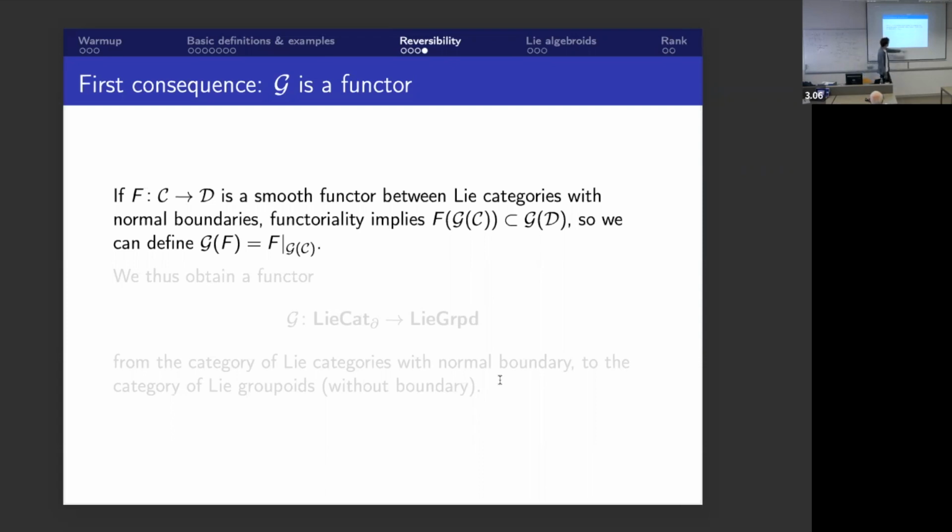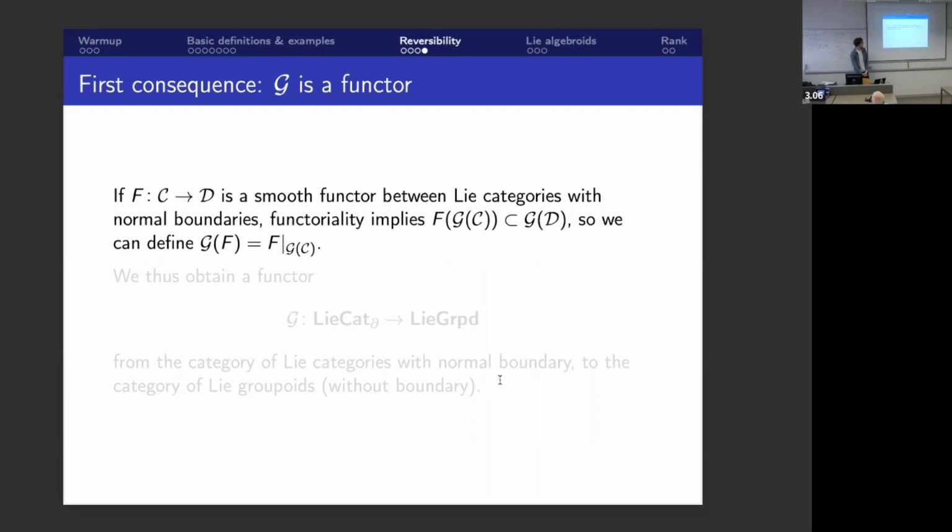Because any functor must map invertible elements to invertible elements, it maps the core to the core. We can define this G on any functor just by taking the restriction to this.